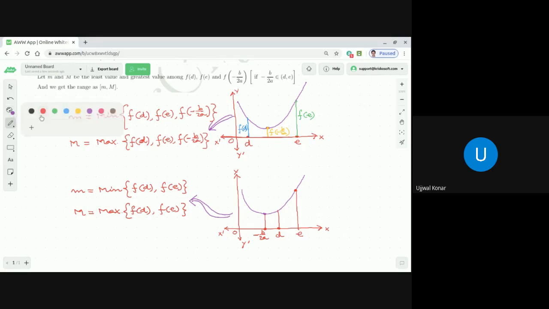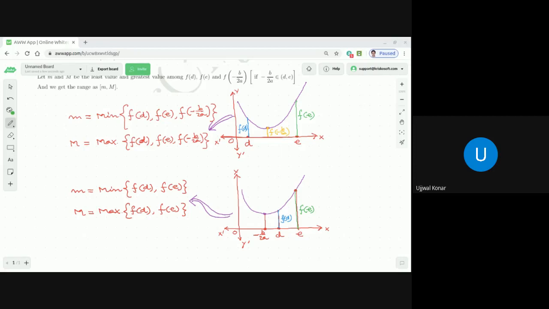So if I write very clearly, I can say this is your FD, and if I write in the green color, this becomes your FE. Correct? So FD, FE, and f of minus b by 2a we should not do in this case. I hope it is clear, dear students.